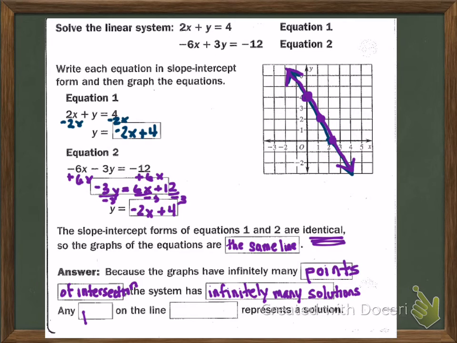So any point on the line with that same equation would represent a solution to that system.